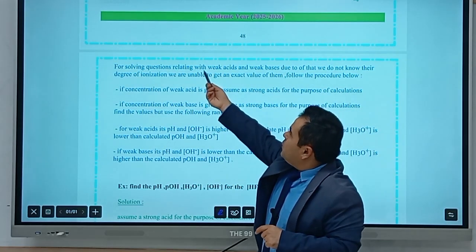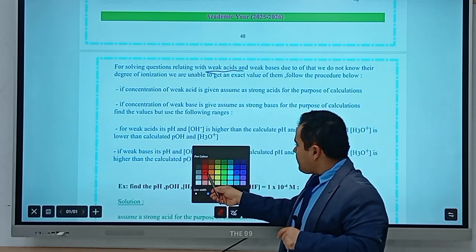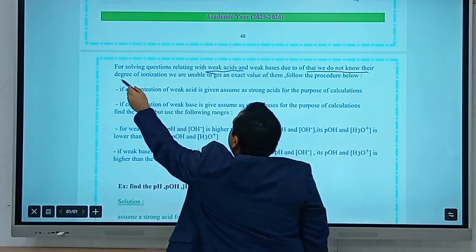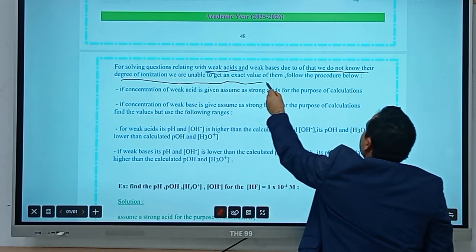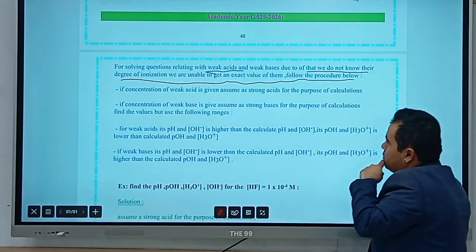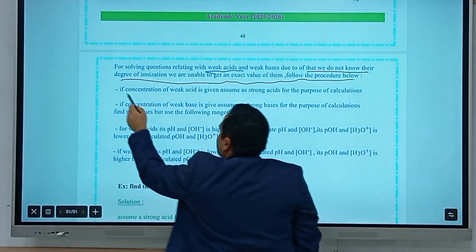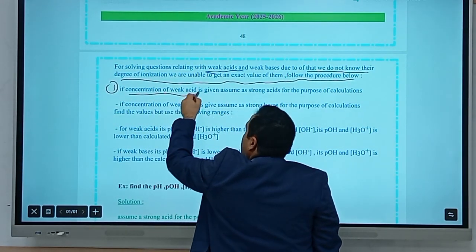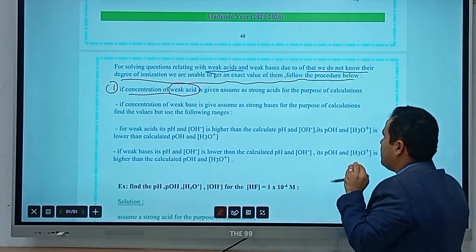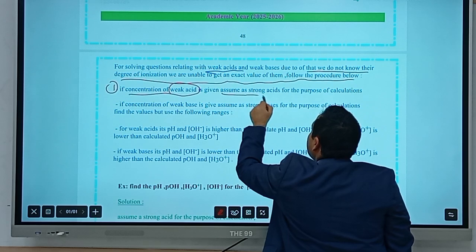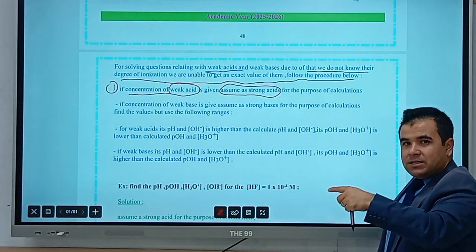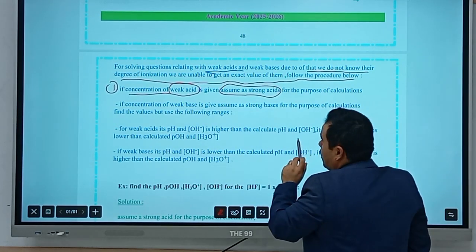For solving questions related to weak acids and weak bases, what to do? Because we do not know the degree of ionization, we are unable to get an exact value. Follow the following procedure. The procedure must be followed. First, if the concentration of a weak acid is given, we will solve by assuming it is a strong acid. For the purpose of calculation, we assume it's a strong acid.